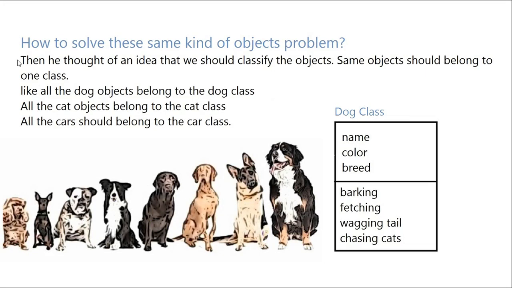Then he thought of an idea that we should classify the objects. Same objects should belong to one class. Like all the dog objects belong to the dog class, all the cat objects belong to the cat class, and all the cars should belong to the car class. So basically, every object belongs to a class. Now, classes and objects started making sense to him, and now he finally understood what object-oriented programming is.